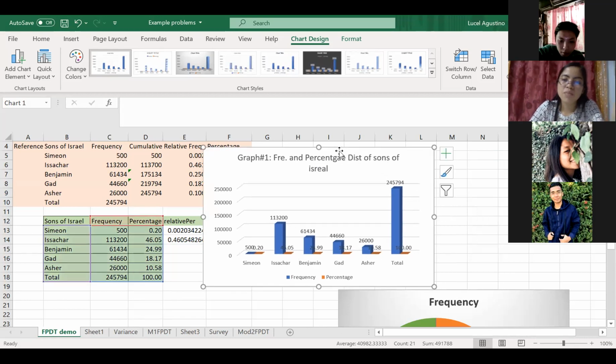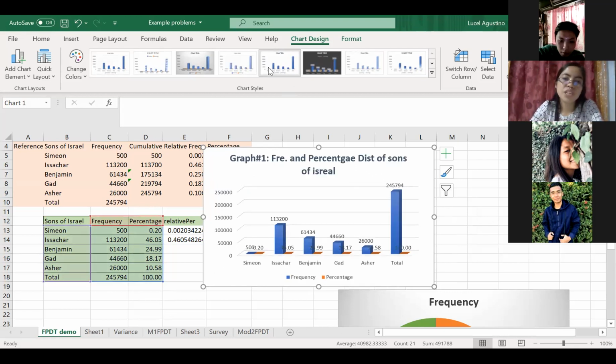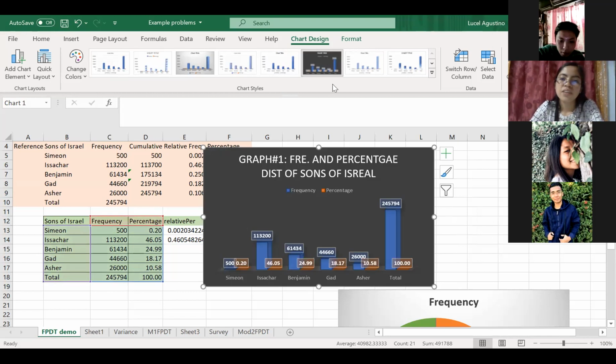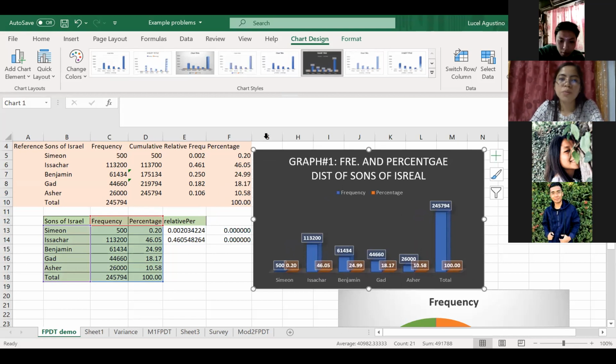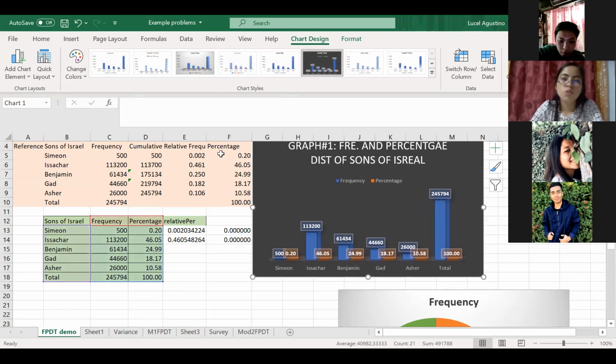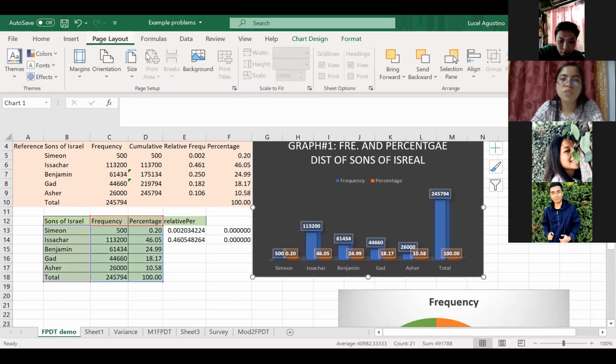If you have problems, just ask immediately. So that's how you use it, then if you want to change the designs, here you can see here also. So that's how you create your graph for your module 2 or for your topic 2 exercise. So you can just see here.